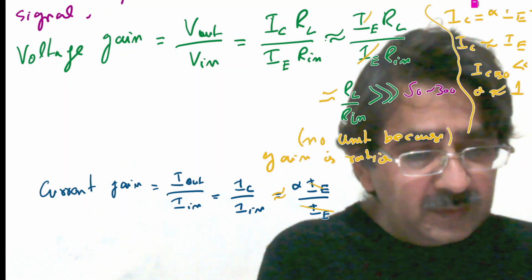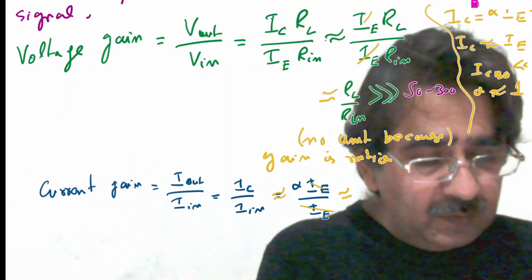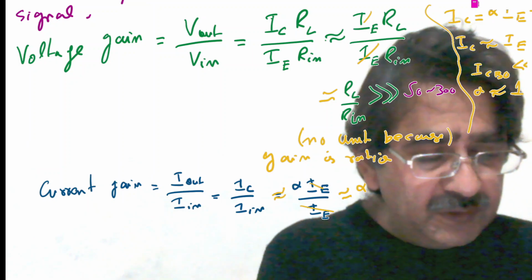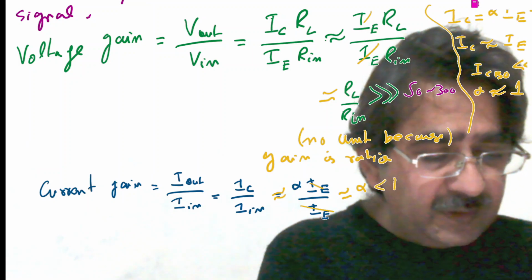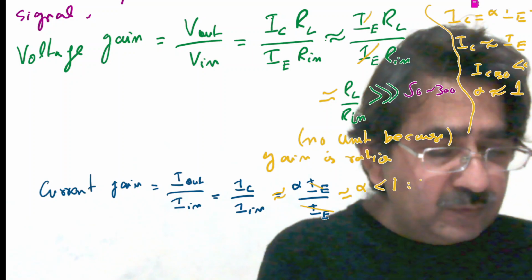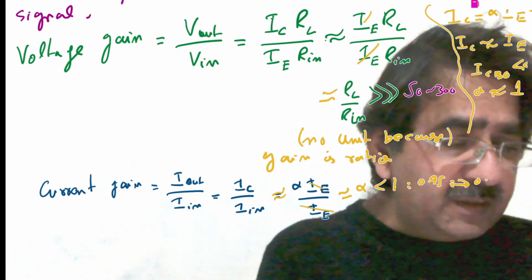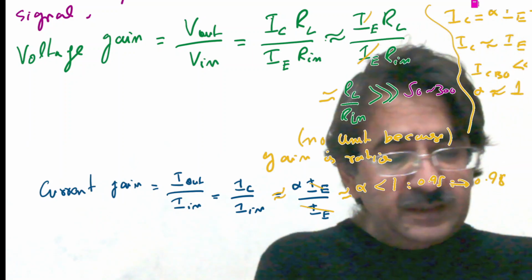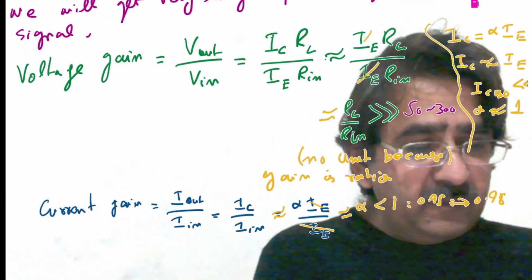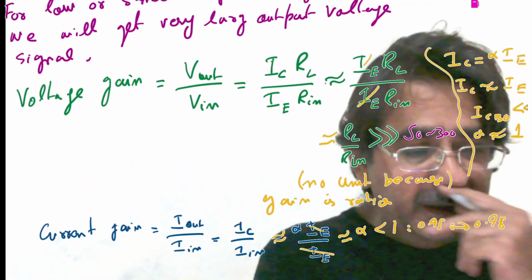This will be approximately equal to alpha, which is less than 1, but near 0.95 to 0.98. So current gain will be less, but voltage gain will be very high.